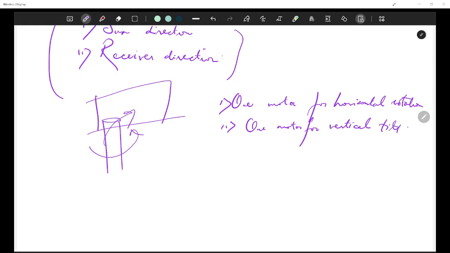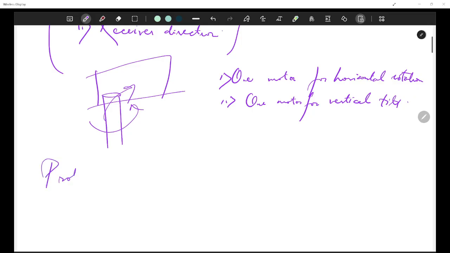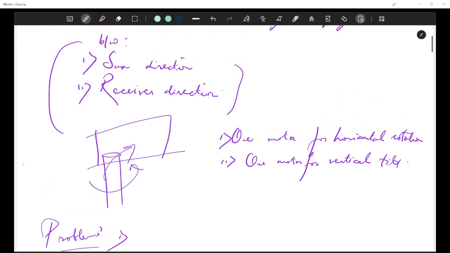Okay, so the problems associated with such systems are the following. What could be the problem? If you've gone to the lecture, I think you might know what the drawbacks of using an azimuth elevation system are. What are the drawbacks? Does anyone have any answer to this question?